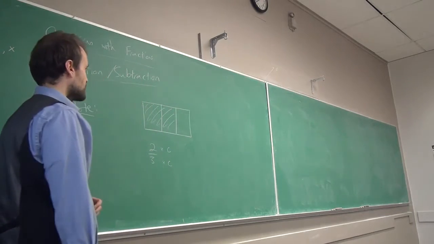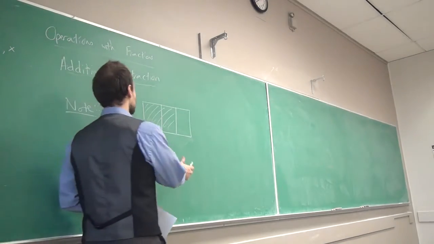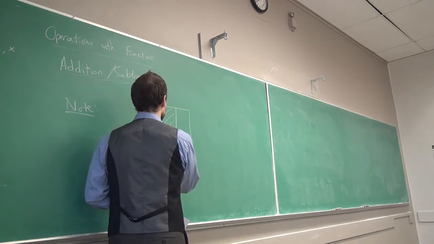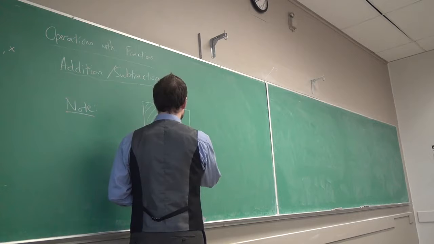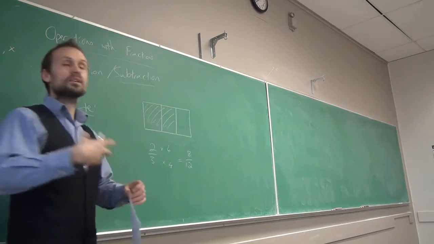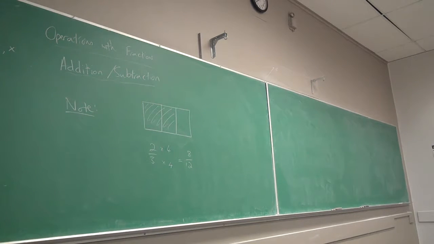I get an equivalent fraction, and that number could be anything. Let's say it's a 4, just to pick a nice number. And then I get 8/12. So the quantity that represents is exactly the same.